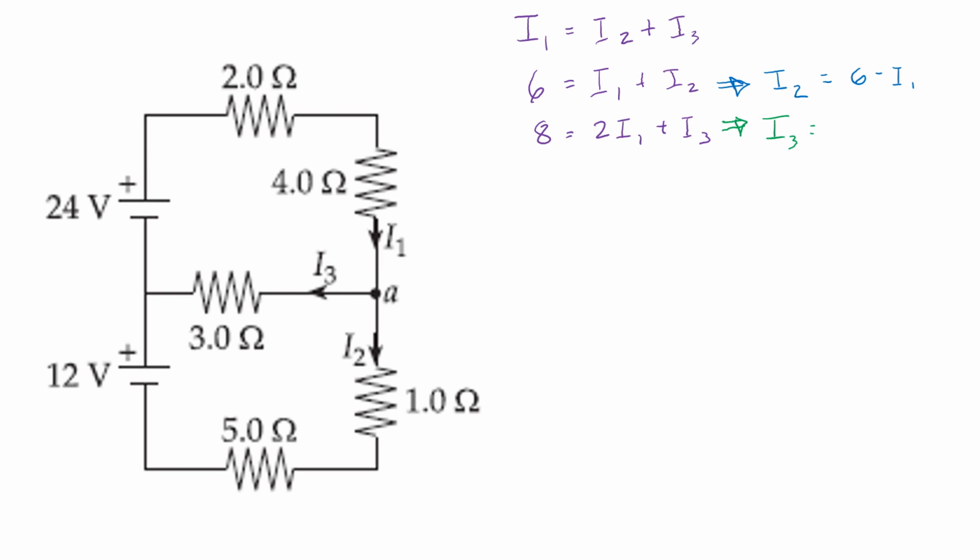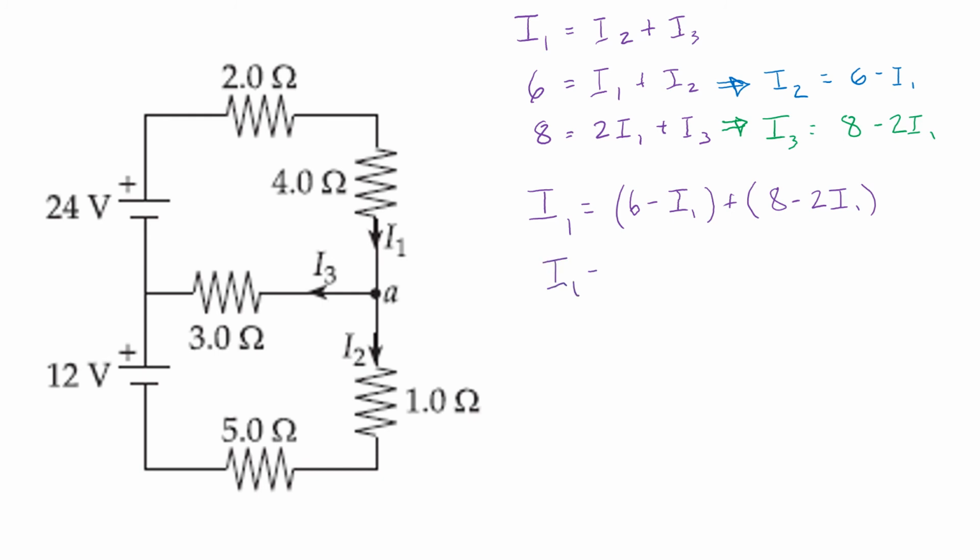So in that case, I3 is 8 minus 2I1. Now I can go to my first equation, and my first equation says I1 equals I2, which is 6 minus I1, plus I3, which is 8 minus 2I1. So now I've got a single equation with a single unknown.